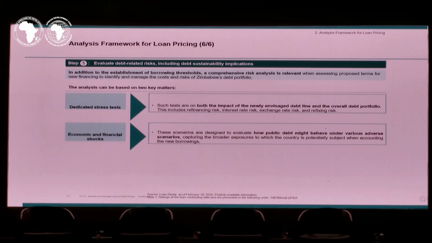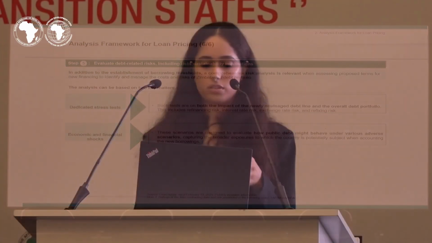Finally, the last step of this analytical framework is the fifth step. We recommend assessing the debt-related risk with the new loan in order to identify and manage the costs and the risks that are associated with the issuer's debt portfolio.